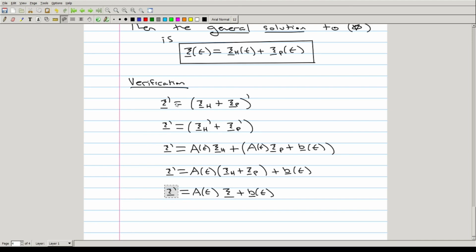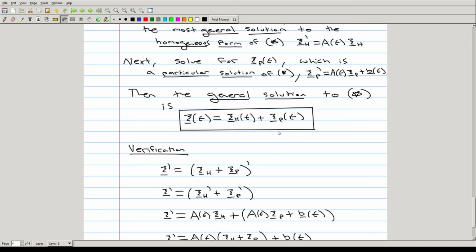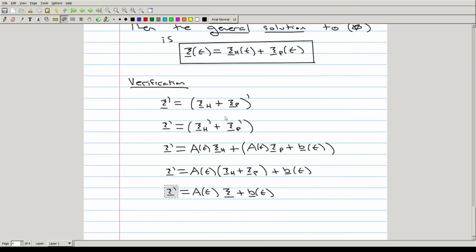So this solution is clearly satisfying the differential equation, and we'll also see when we end up constructing xi h and xi p, we can directly construct these so that they also satisfy the initial value as well.